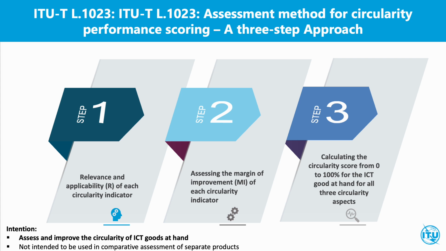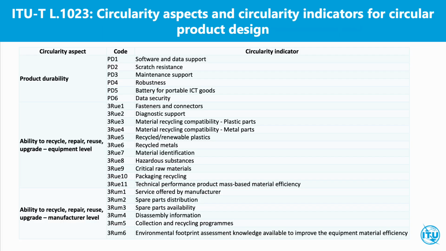To make this scoring system practical, ITU-T L.1023 organizes circularity into three major aspects, each with its own set of measurable indicators. 1. Product durability. Is the product built to last? Is it robust, repairable, and supported by updates? 2. 3RUE.